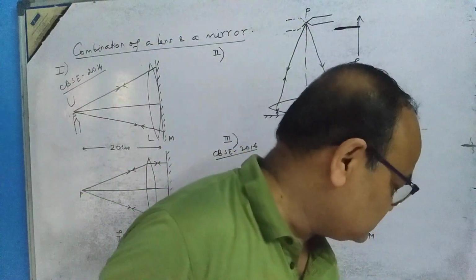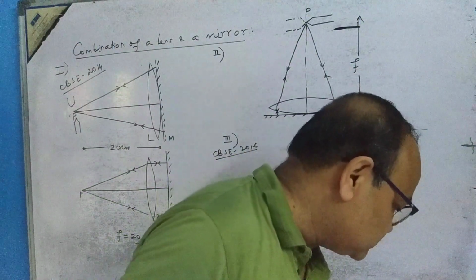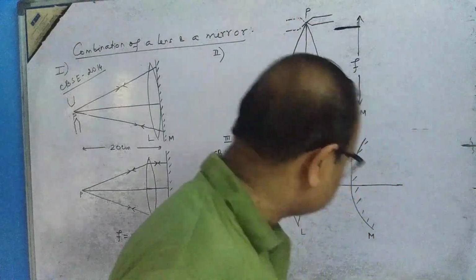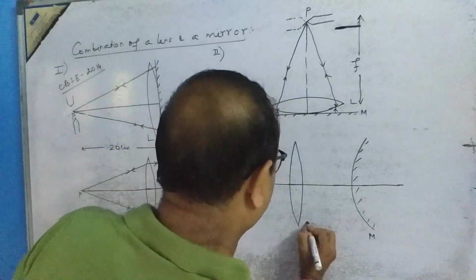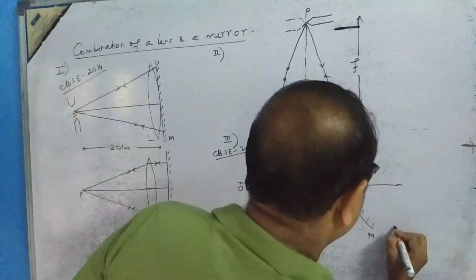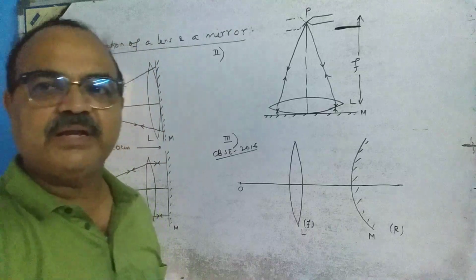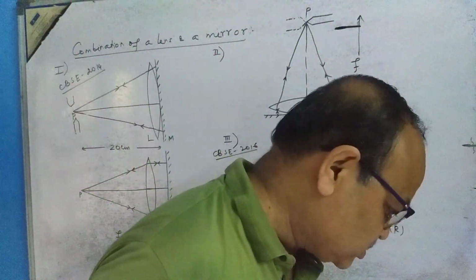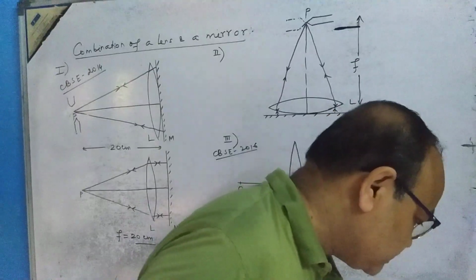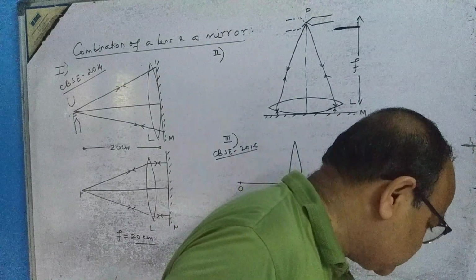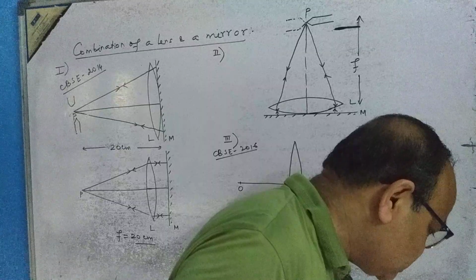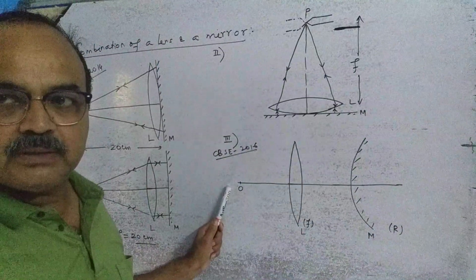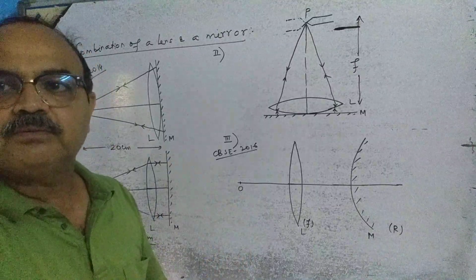It is said that there is a combination of a convex lens of focal length small f and a convex mirror of radius of curvature capital R, placed in combination with each other, and its own image is formed here.